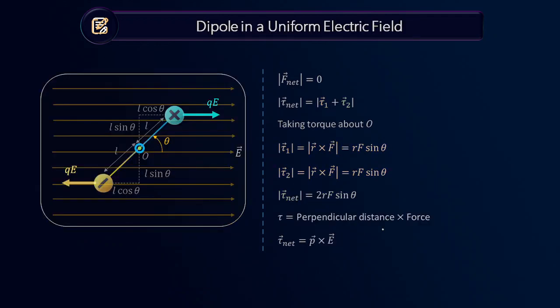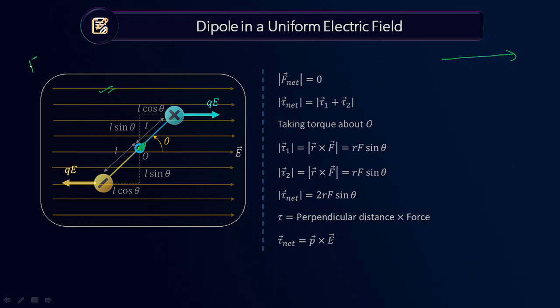Now if I place one charged particle in an electric field, or one dipole we have placed in an electric field, suppose this is the electric field as given in the diagram, and we have placed this dipole. Now from the midpoint of the dipole, it will try to rotate. On the plus charge, force will be along the electric field.